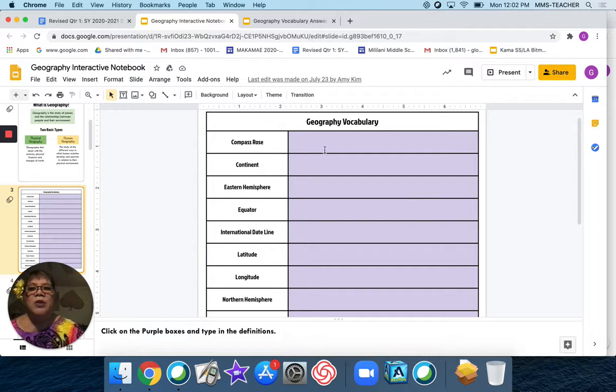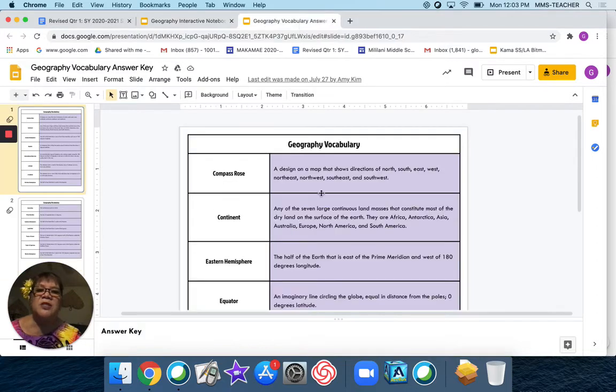So you're going to copy it on a sheet of paper first, and then type it in the purple boxes when done. Okay, so again, copy it on a sheet of paper, then you're going to type it into your purple boxes. Now pause my video if you need to as you are copying down these answers.